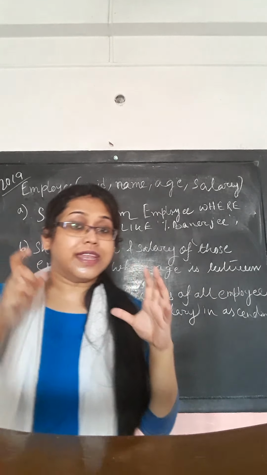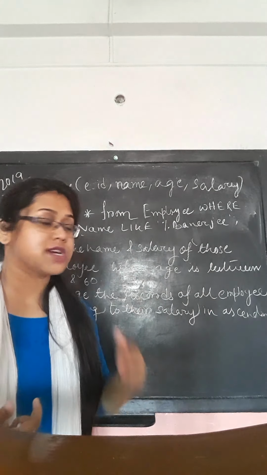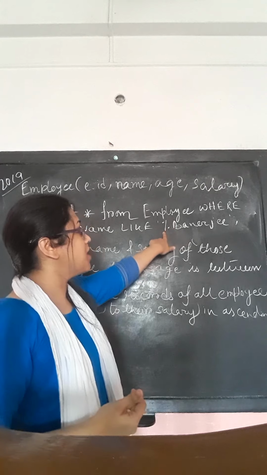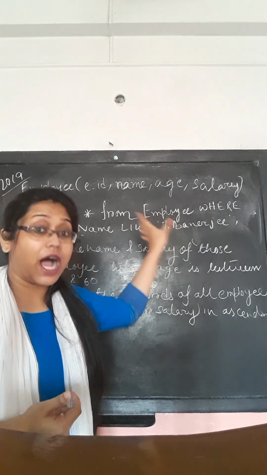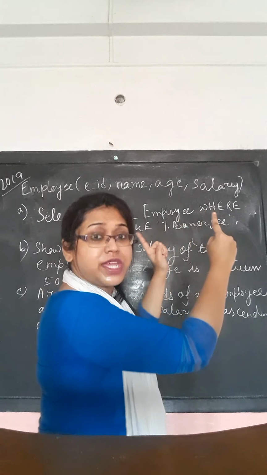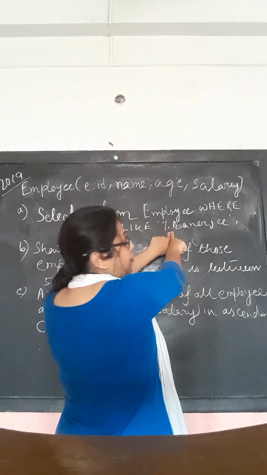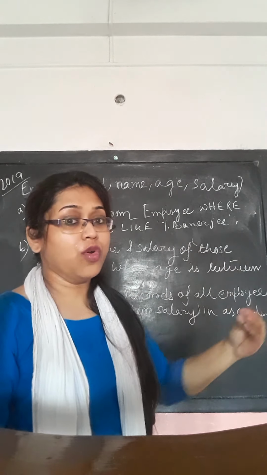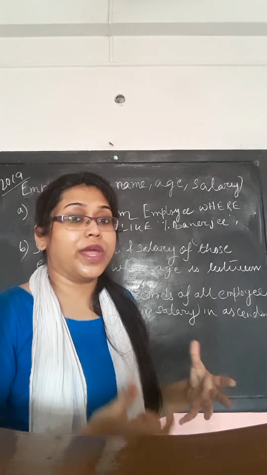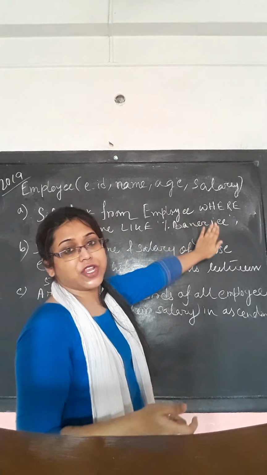When the length of the name is unknown, as we have already discussed, we have to mention percentage. As Banerjee is my surname, it will be placed after percentage. So percentage means the name is unknown: we don't know the length of the name or any character of the name. So that is the percentage, and then we will mention Banerjee.